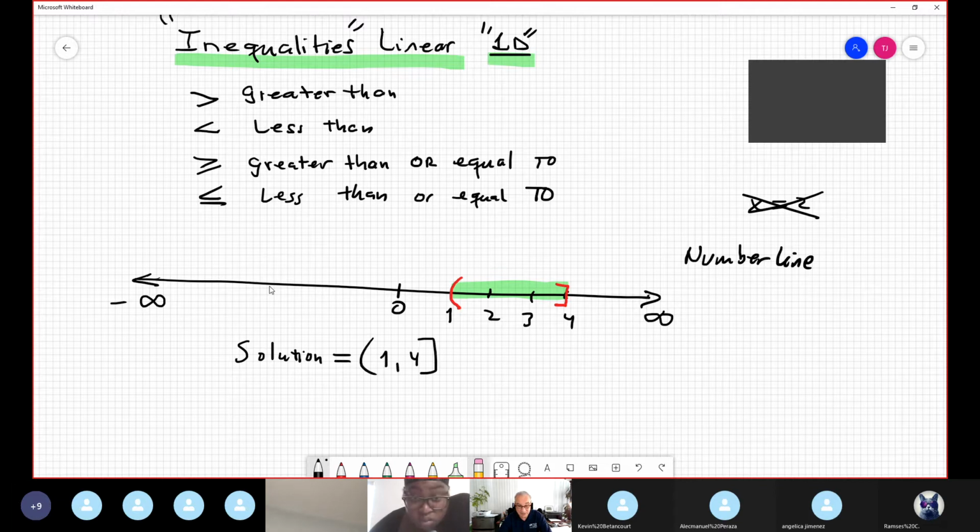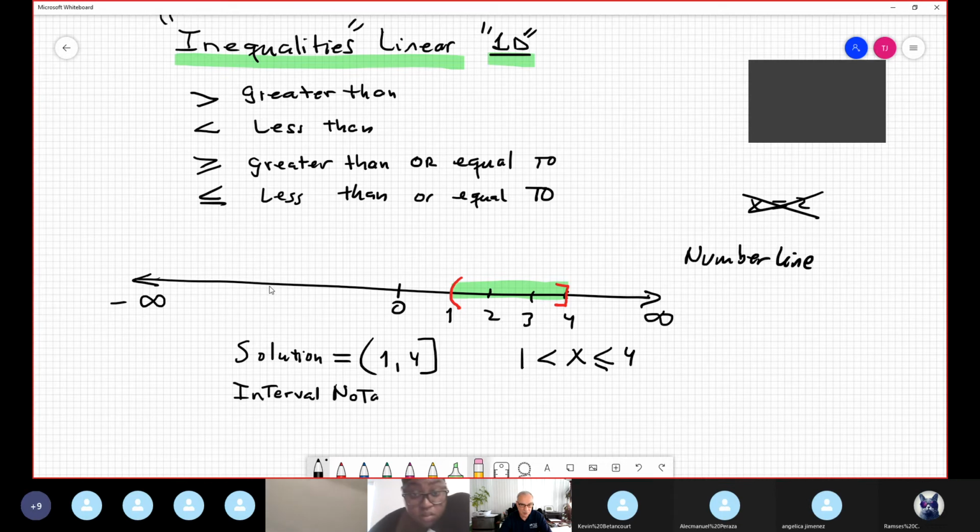That means x, this value that I highlight in green color, is in between 1 and 4, but never equal to 1 and can equal 4. This is another possibility to express the solution. We have different notations, guys. This is called interval notation.